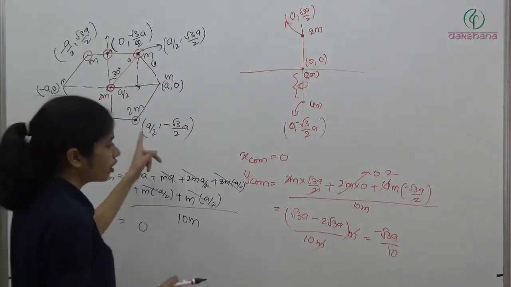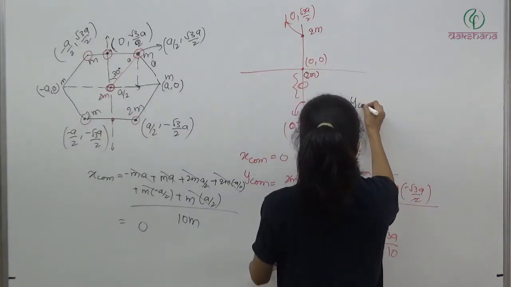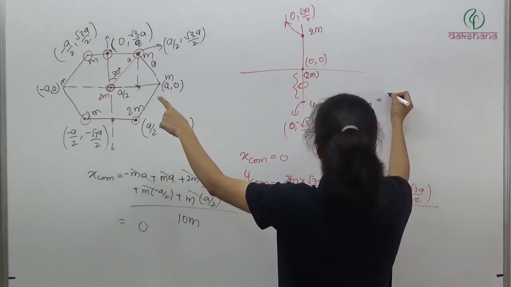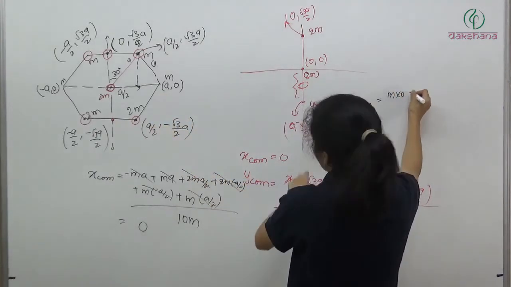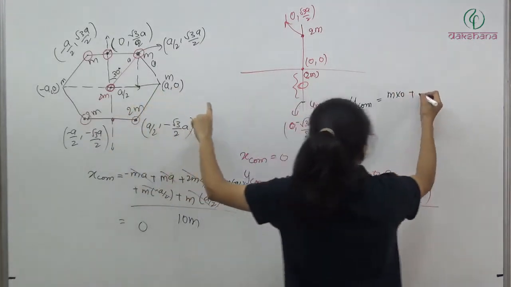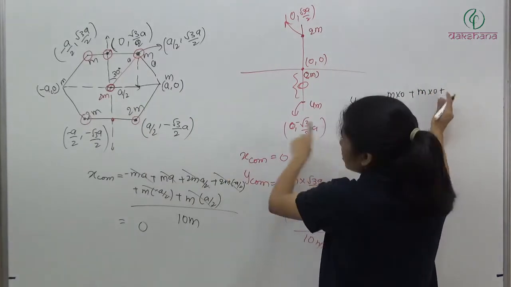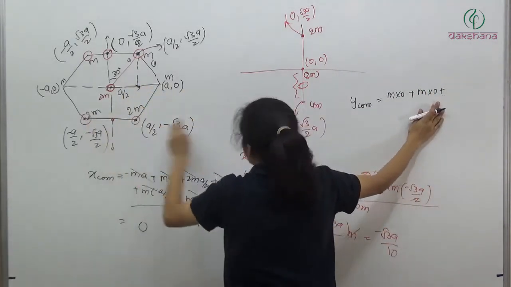Similarly you can do it for y. So y of center of mass will be equal to m1 y1 plus m2 y2 plus m3 y3.